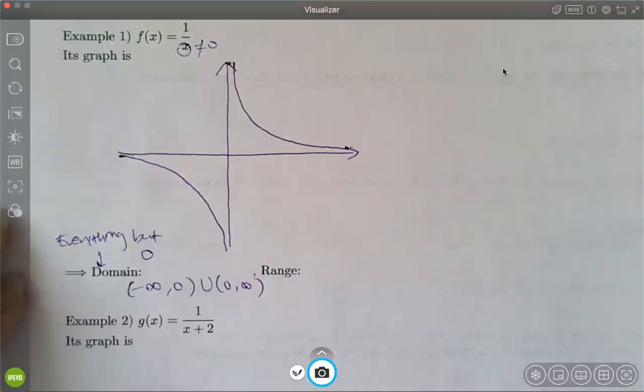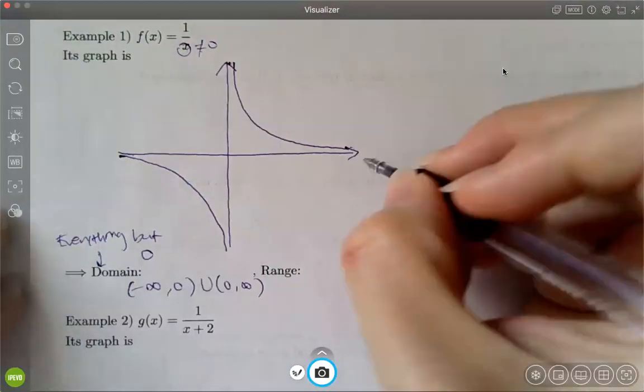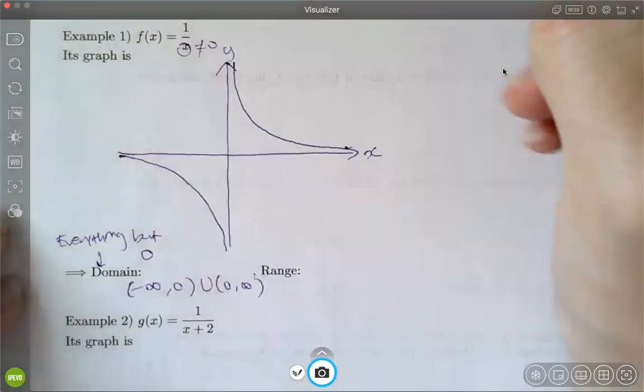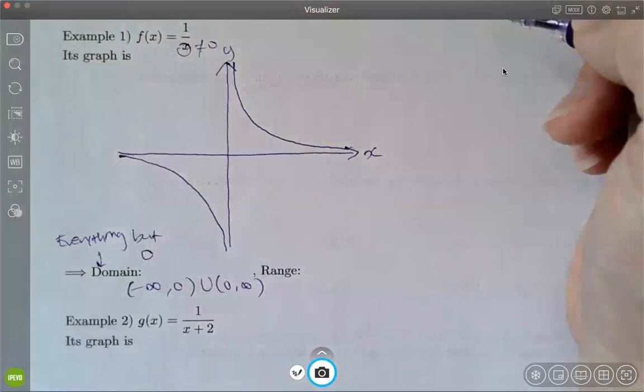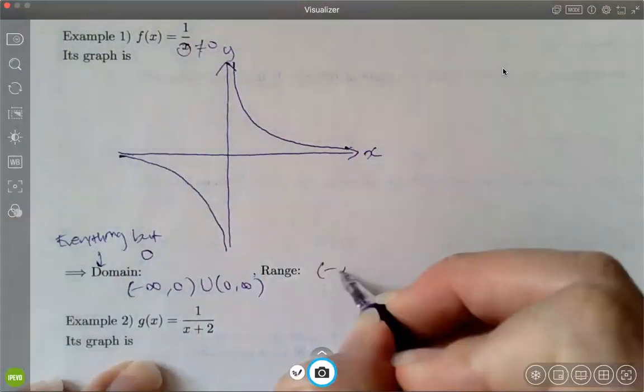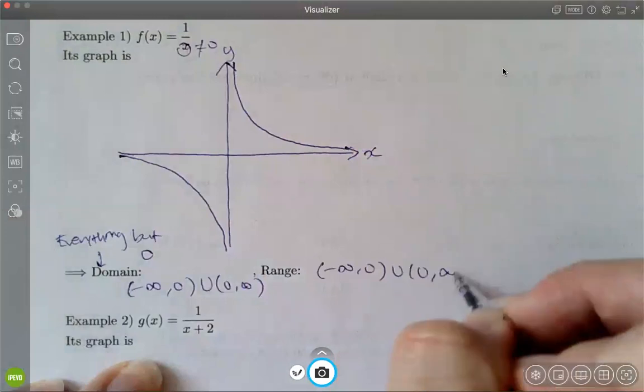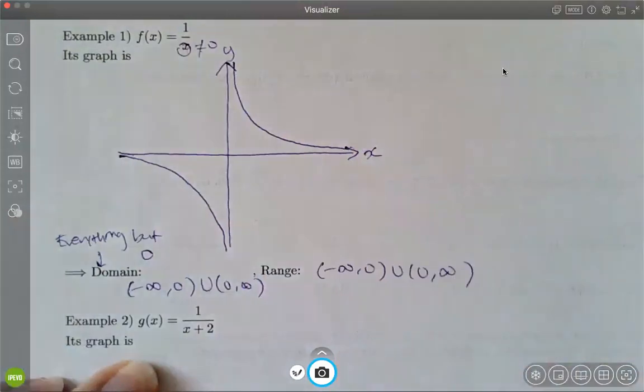Okay, so remember the range is the y values, right? Now, by just looking at the graph, what seems to be the range? Everything but 0. Everything but 0, yes. So the range is the same thing as the domain.